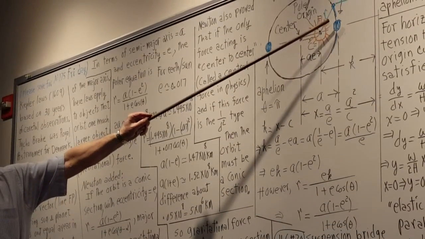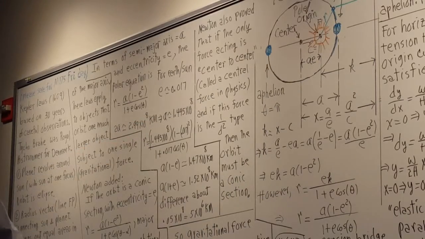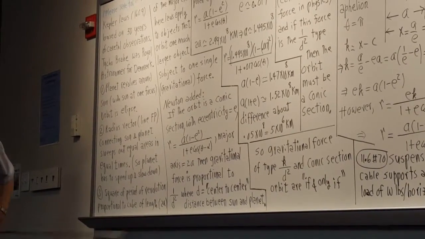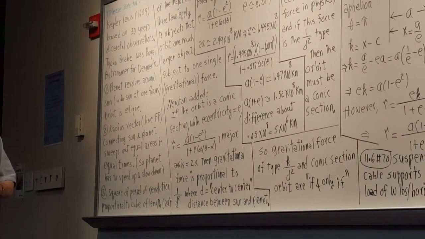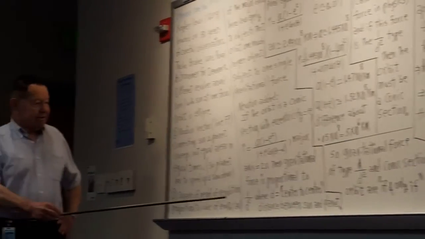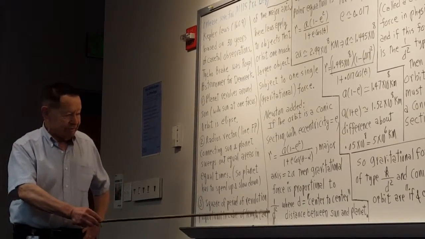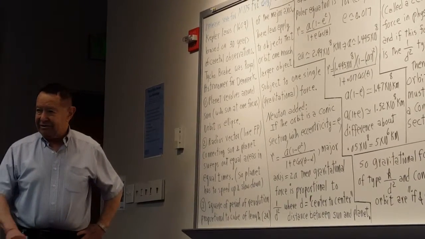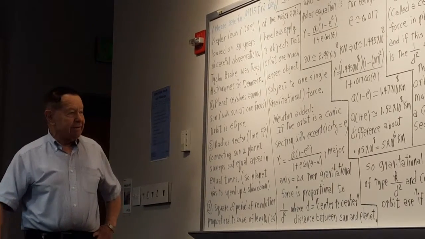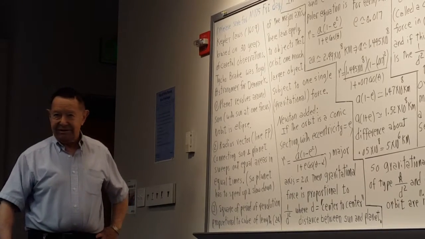The distance d would be the distance between the center here of the Earth and the center of the sun. So it's 1 over this distance squared, not 1 over the square root or the cube or something else. So this was really a big thing to prove that it's a 1 over the squared distance type law as opposed to something else. And this is actually one of the real triumphs of calculus.